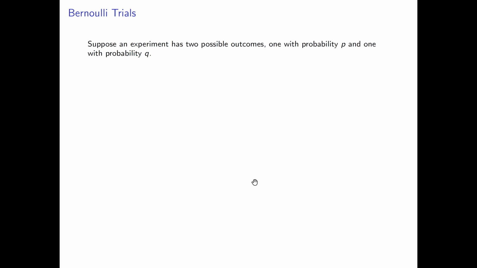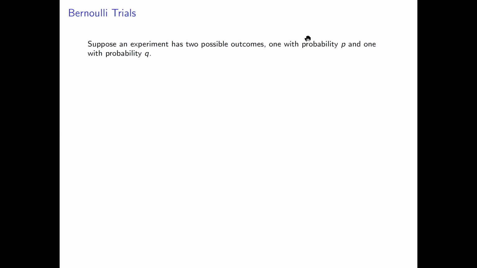Okay, the first main topic we'll be talking about today is the binomial distribution. The binomial distribution is a probability distribution that arises classically in the setting of something known as a Bernoulli trial. A Bernoulli trial is basically an experiment that has two possible outcomes.